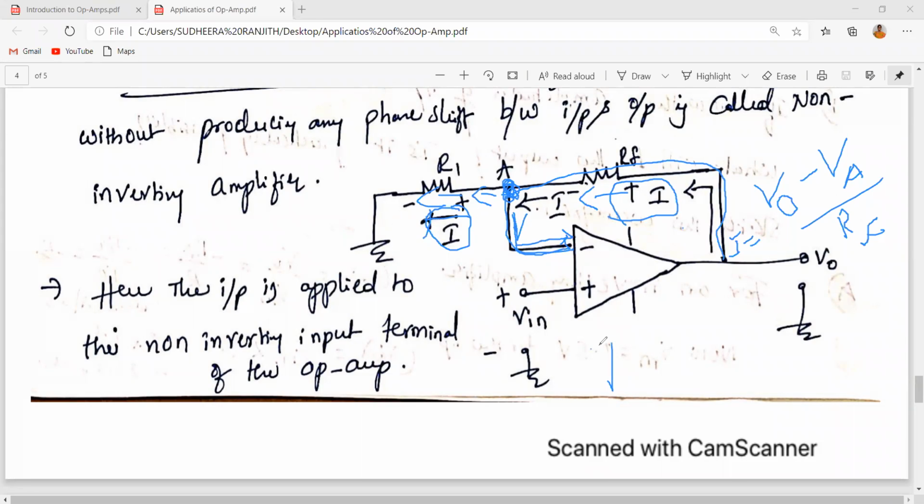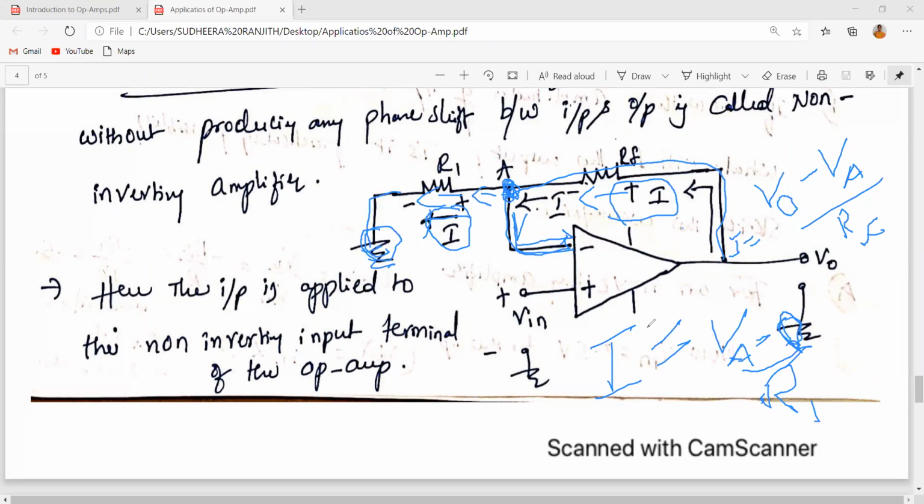One end of this resistance is connected to ground, so the voltage there is 0. The current through R1 is (VA minus 0) by R1.